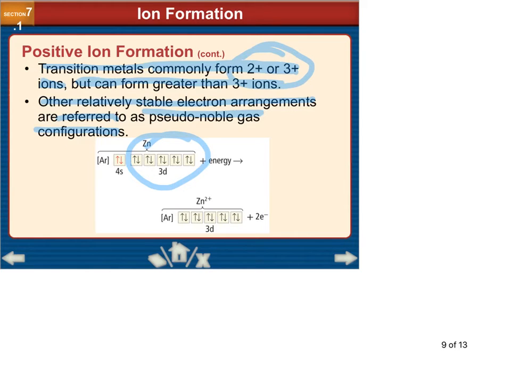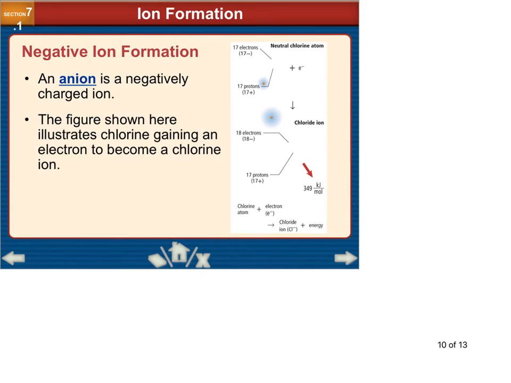And here they're illustrating zinc. Zinc loses these two 4s electrons, leaving a complete d sublevel, so we end up with a zinc ion with a 2+ charge. Anions are negatively charged ions.